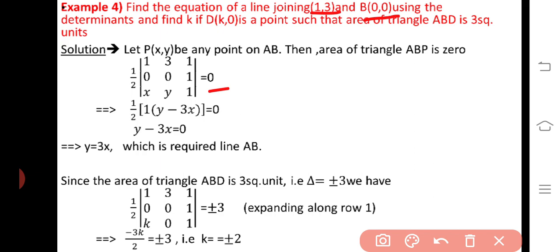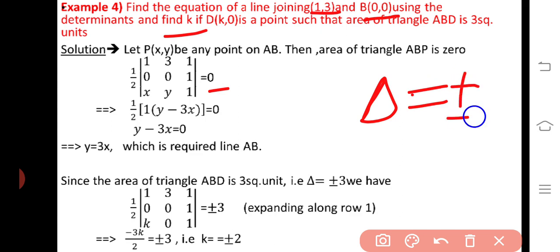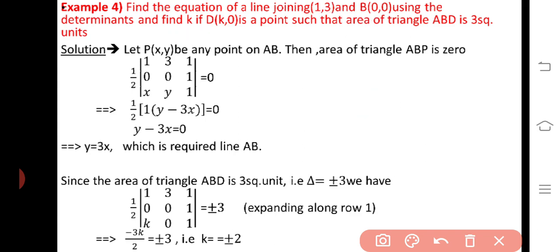Then area of triangle ABP is equal to plus or minus, this is nothing but the second note, equal to 0. Then 1 by 2 into 1, 3, 1, 0, 0, 1, and this is the third point x, y, 1.